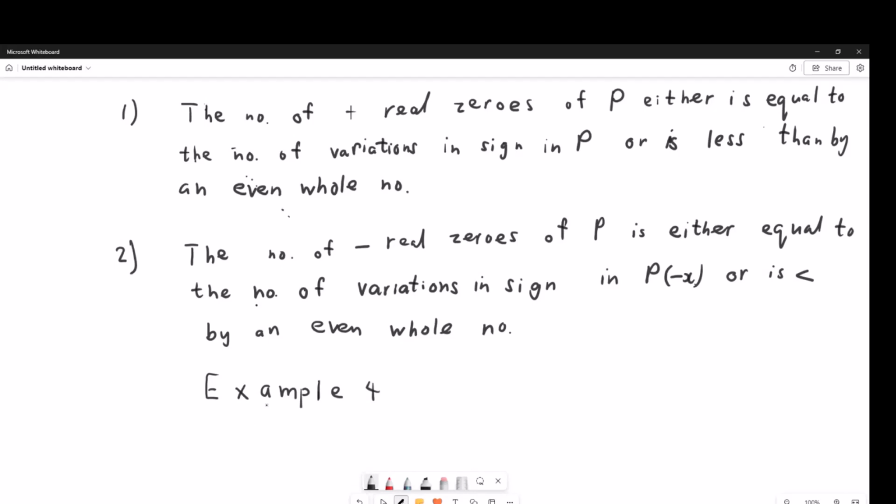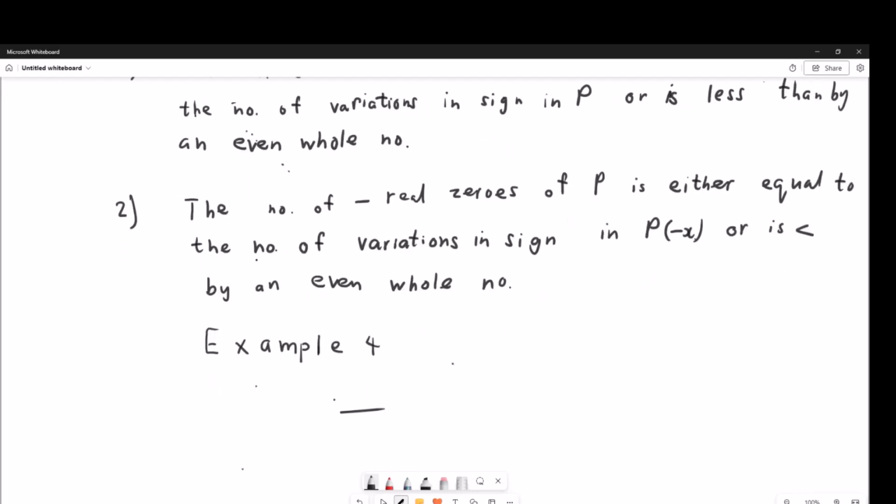Okay, guys, so let's consider this and see if we can apply Descartes' rule to this case here. Oh, sorry, guys. So now it's shifted, and I was throwing the line far below that. Okay, so we have to use Descartes' rule of signs to determine the possible number of positive and negative real zeros of the polynomial.